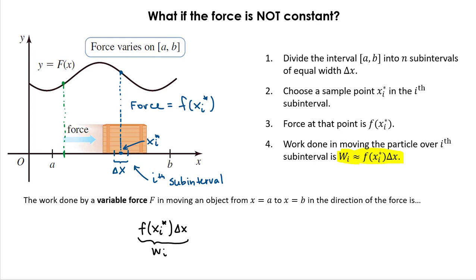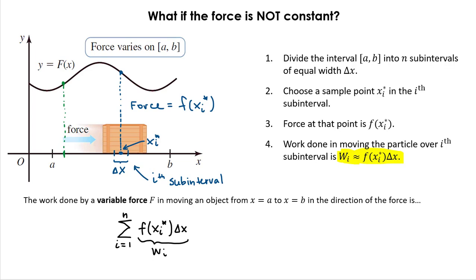And I also said that if we add up the approximations of work done over all subintervals, then it's going to be the approximation of work done over the entire interval AB. Remember, for summation, we can use the sigma sign in math, and to say that we're adding work done for all intervals, I have to say that i goes from 1 to n, from the first subinterval to the nth subinterval.